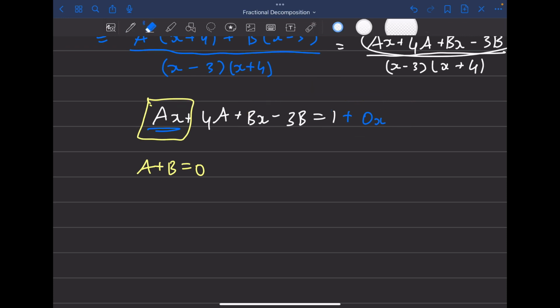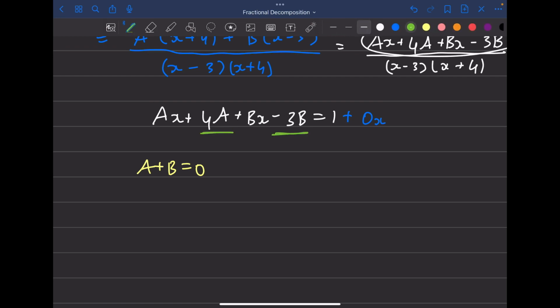So a plus b must equal 0. For the other two, we know that 4a and negative 3b should add to 1, because these are two constants. If you add two constants together, you should get 1 in this case, which is over here. And from there, it's pretty simple, so let's write that down too. We have 4a minus 3b is equal to 1.